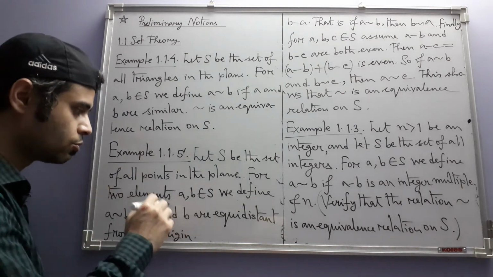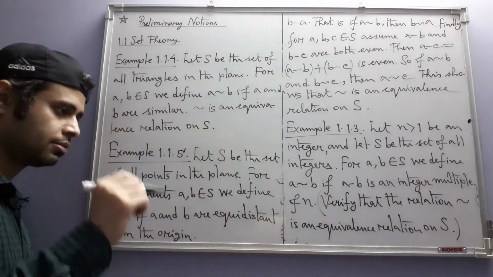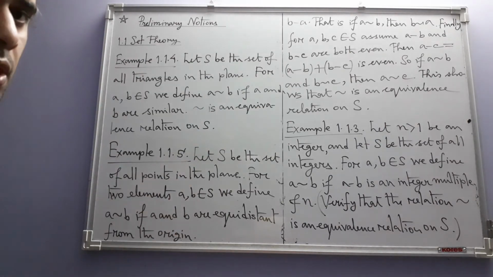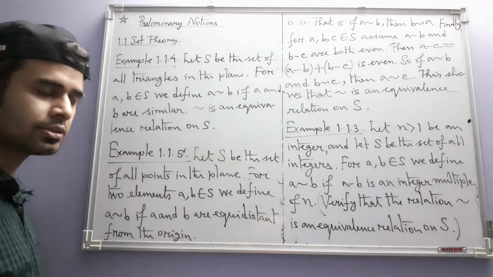So these 2 points are said to be related if they are equidistant from the origin, that is, their distances from the origin are equal. This also can be easily seen to be an equivalence relation.